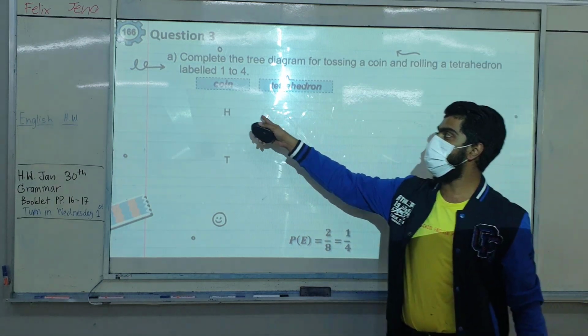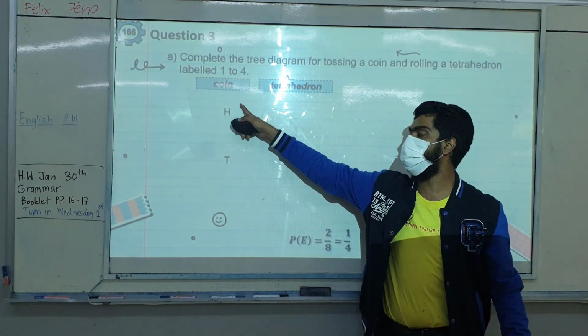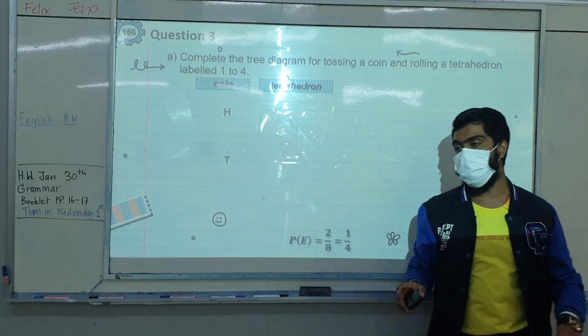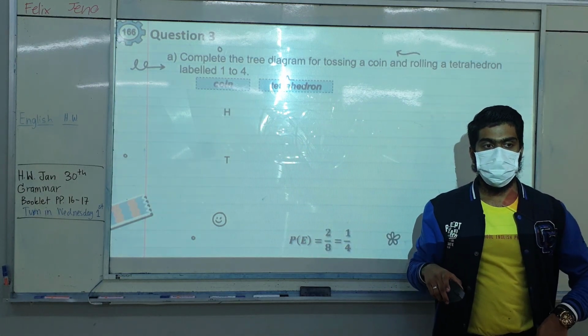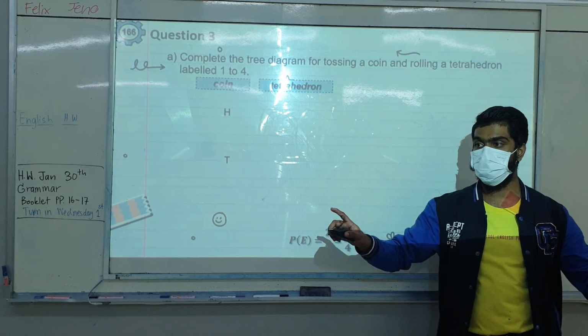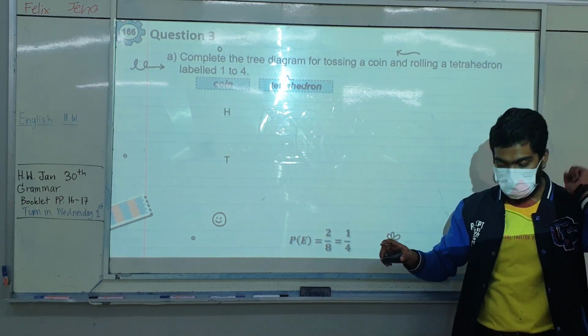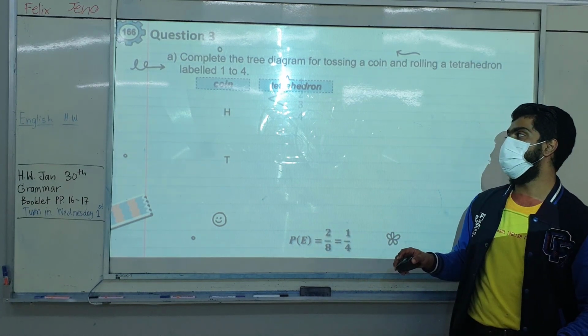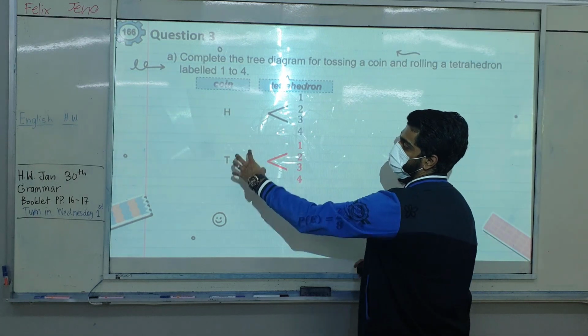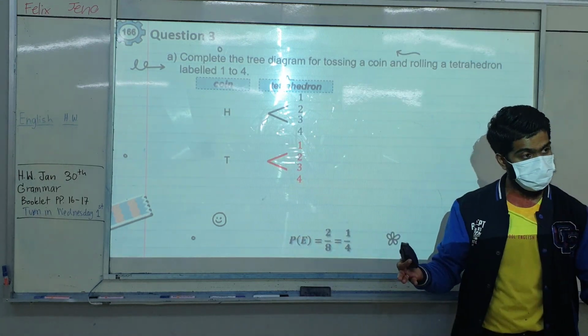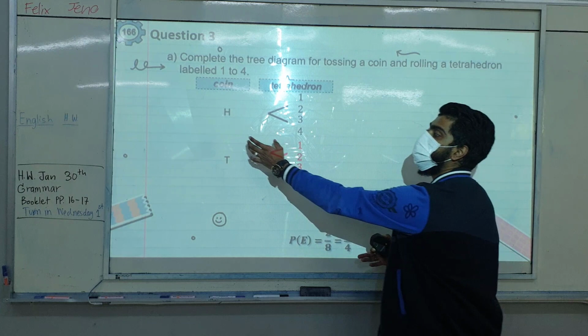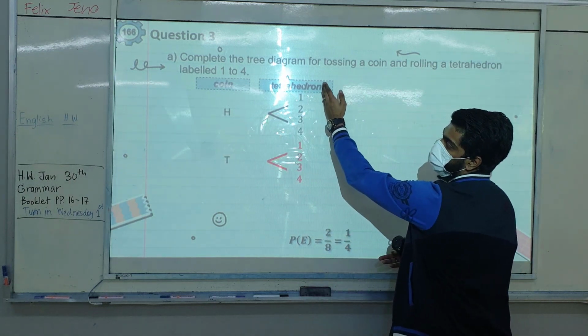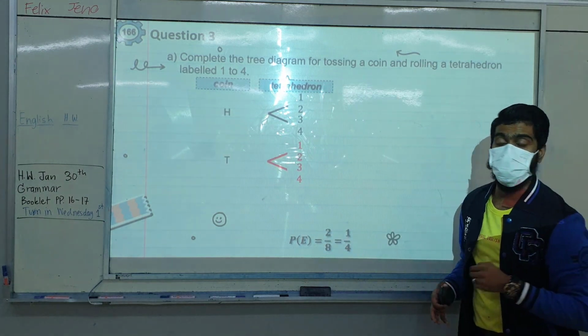So once we have a coin here, after the coin, the tetrahedron, how many possible outcomes do we have? For the tetrahedron? 4, which are 1, 2, 3, 4. So we are going to branch it out like this. Very, very easy. Does that make sense? So after heads, we can get 1, 2, 3, 4 in a tetrahedron.